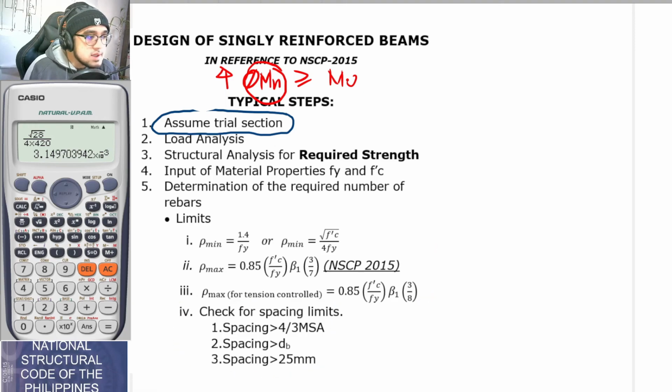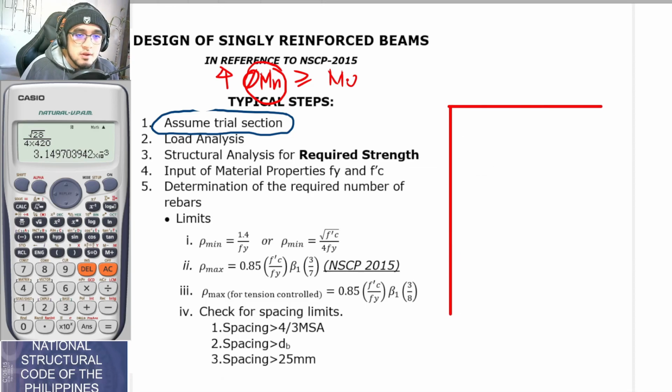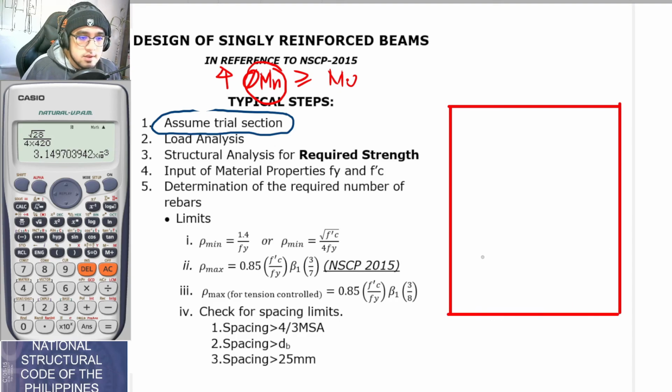So what is this spacing? Once again, let's say that this is your section. And let's say that these are your longitudinal bars already: longitudinal bar 1, 2, 3, and 4. So for example, you have solved for this. You must check for the spacing.